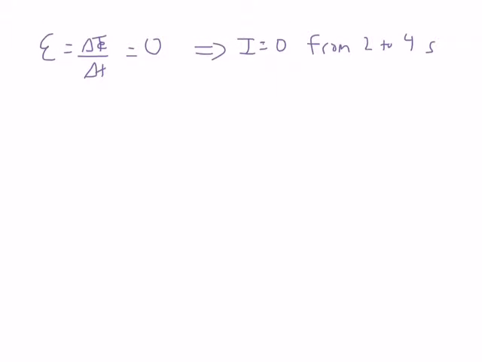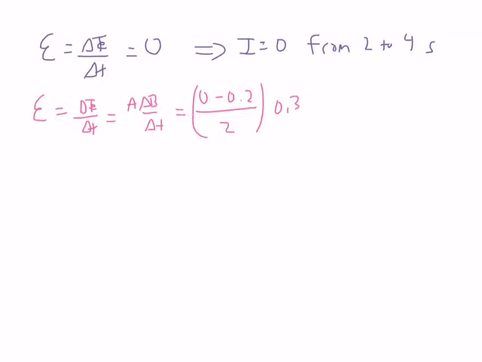And the other one, the pink box, from 4 to 6 seconds, and once again the area is constant, so this is the change in the magnetic field as a function of time. So our final magnetic field is 0, our initial magnetic field is 0.2, our time interval is 2 seconds, and the area is still 0.3 meters squared. And so this induced EMF is going to be negative.